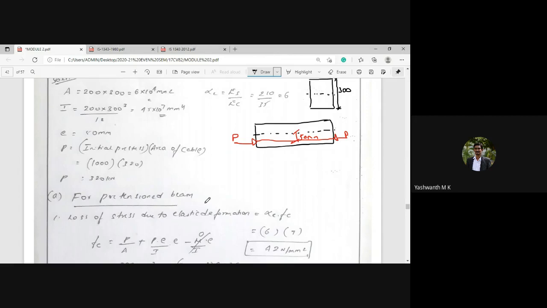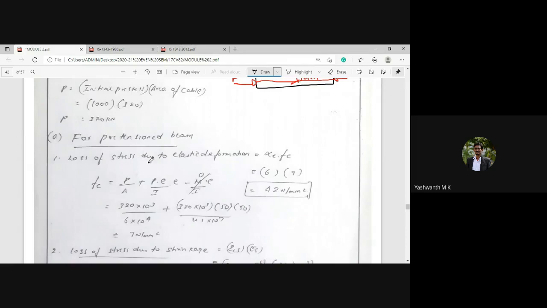First, loss of stress due to elastic deformation, which is given by, as you already know, the modular ratio multiplied by the compressive stress in concrete at the level of steel, that is alpha E multiplied by FC. We know alpha E, but we don't know FC. How to calculate FC?